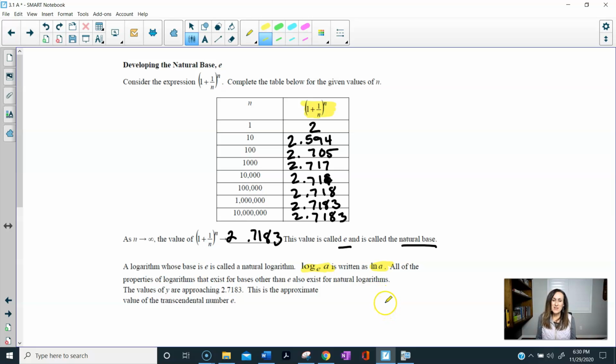All of the properties of logarithms that exist for other bases also exist for natural logarithms. The values of y are approaching 2.7183. This is the approximate value of the transcendental number e. It's another number like pi. It's irrational. It neither repeats nor terminates.